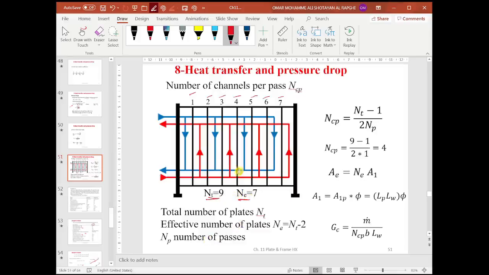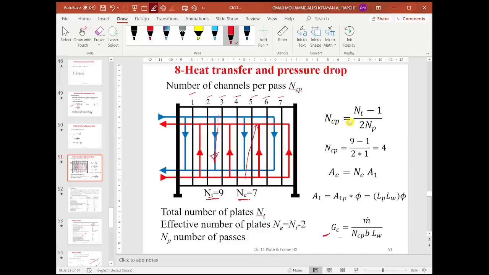The number of passes here for this situation is 1 because all of the cold fluid goes once from here to here, and this is also 1 pass going the other side for the hot fluid. In order to get the NCP, which is required in this expression to find the mass velocity, we use this expression: NCP equals (N total minus 1) divided by (2 multiplied by number of passes).